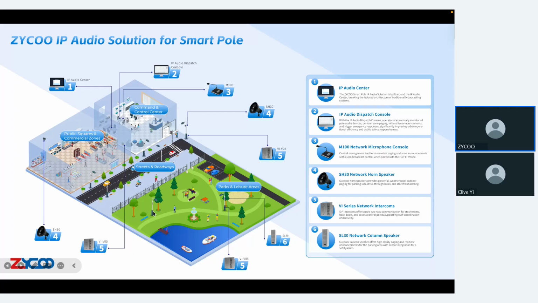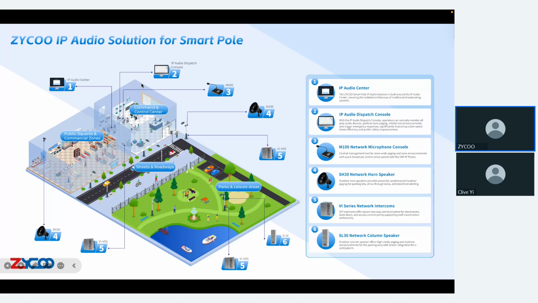And the smart pole has integrated with our outdoor speaker. Here is the SH30 network horn speaker or our column speaker. And our intercom is usually at this place for emergencies. When an emergency happens, it can be used for making a call or two-way communication.